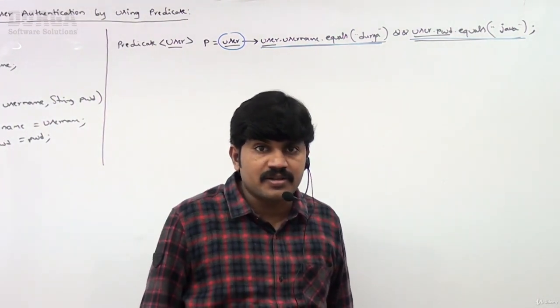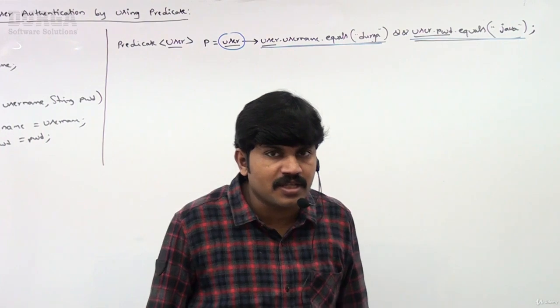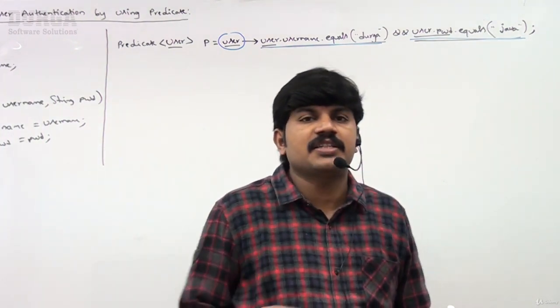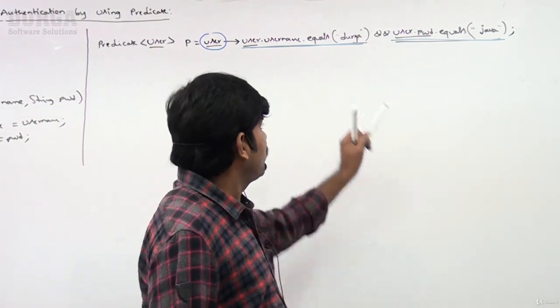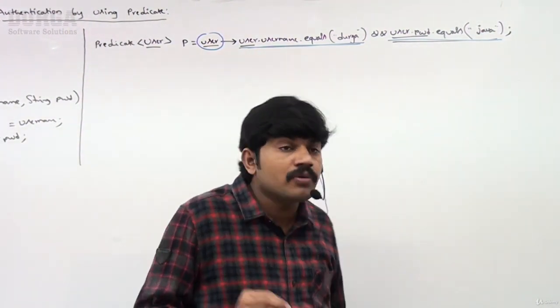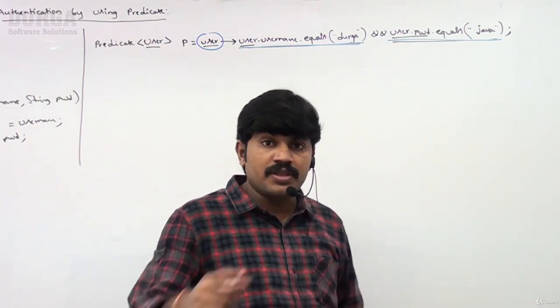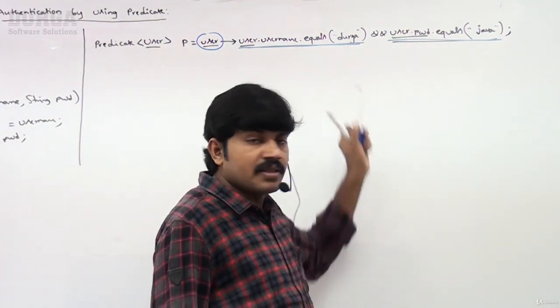The test method returns true. If anywhere there is no match, then this predicate fails, or otherwise this test method returns false. Observe that. For simplification purposes I hard coded Durga and Java, but in real time you have to compare this username and password with the database values, right?